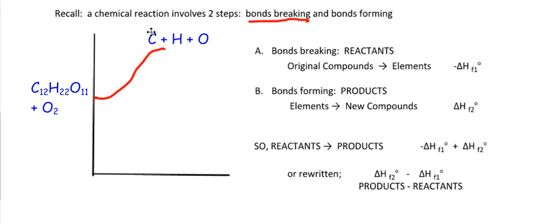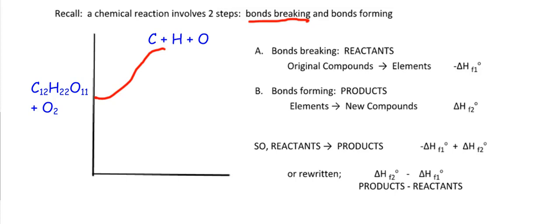Well, when I start off any reaction, I'm going to break bonds, and that's the opposite of what heat of formation is. So that's why it's a negative heat of formation. I'm doing the opposite thing. And remember when we started Hess's law, if you reverse it, the delta H gets the opposite sign, doesn't it?